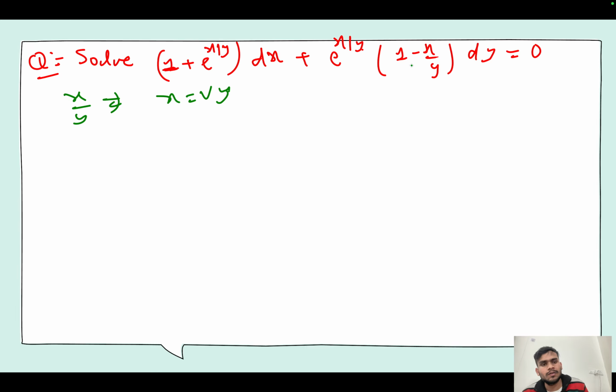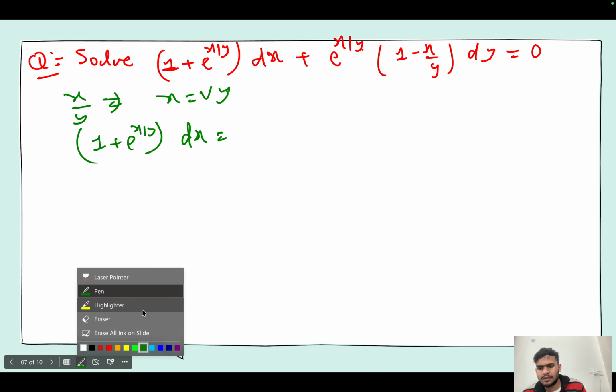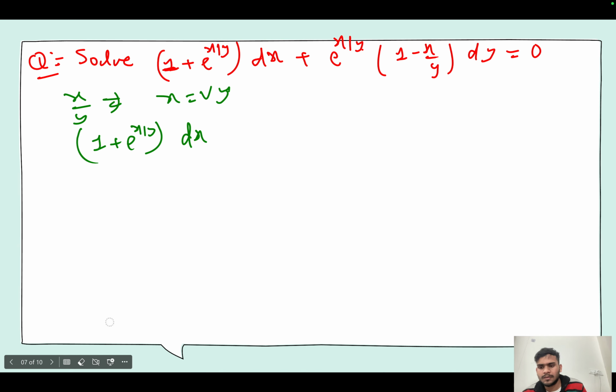Okay, so it will look like 1 plus e to the power x by y dx is equal to, I'm just dividing by dy from both sides.